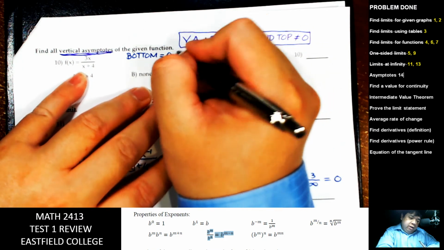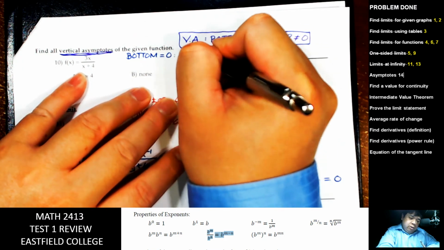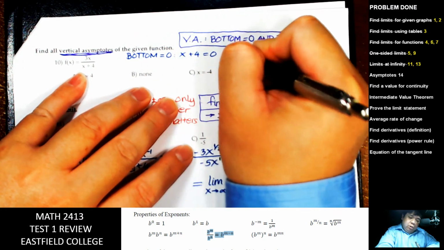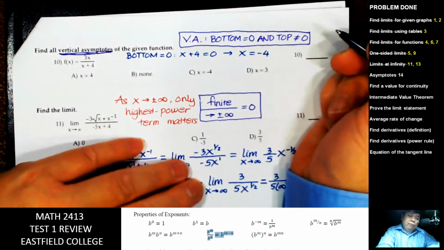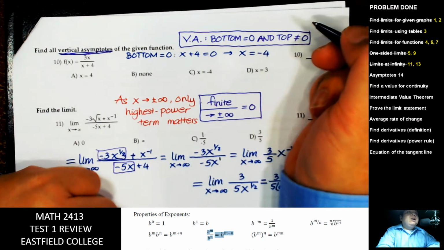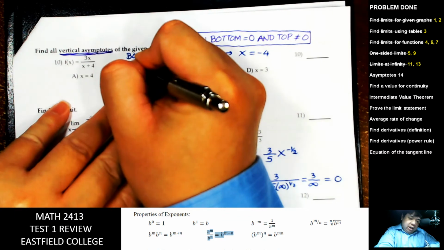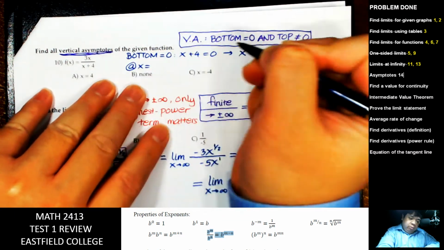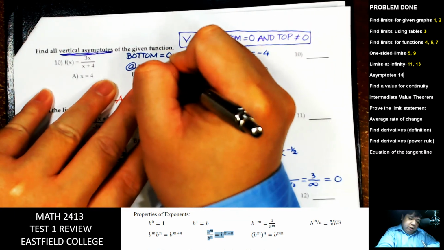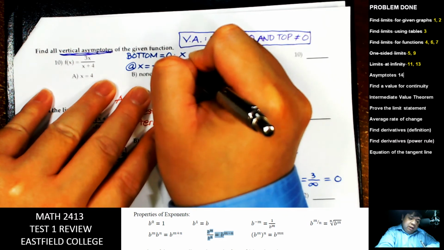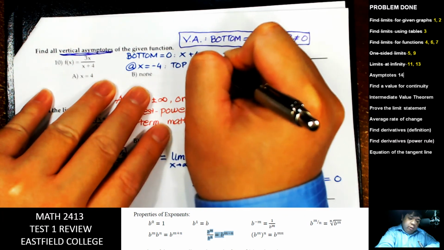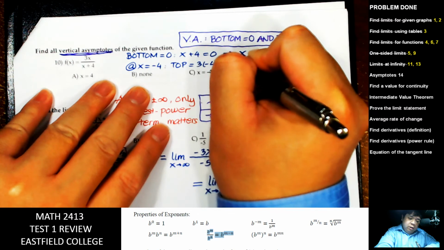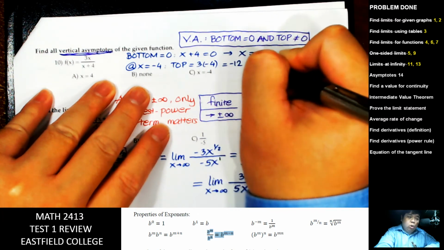We have x plus 4 equal to 0, so x equal to negative 4. And then we check at x equal to negative 4, the top equal to 3 times negative 4, which is not equal to 0, which is good.